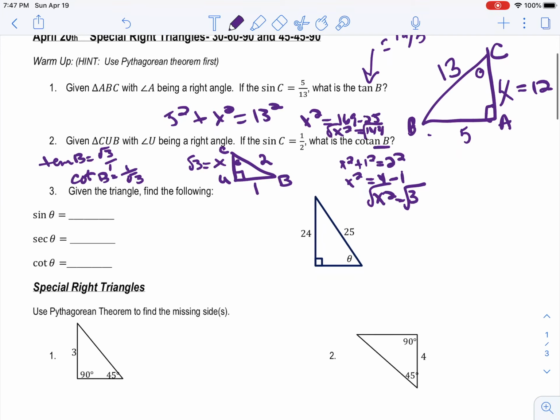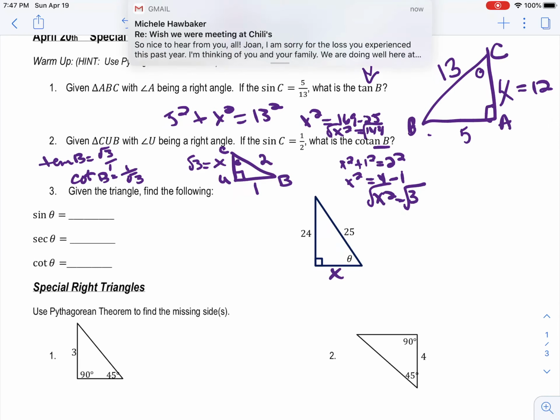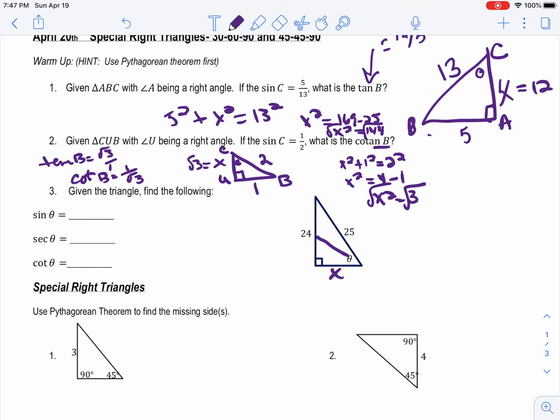All right, so we need to find this missing side to be able to find some of these for this triangle. So our sine, we can actually do our opposite over hypotenuse is 24 over 25. Secant goes with cosine, so I need that x.